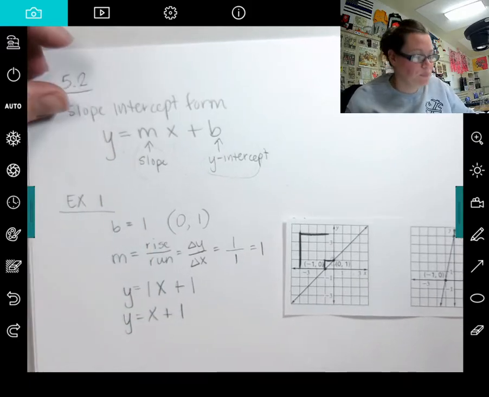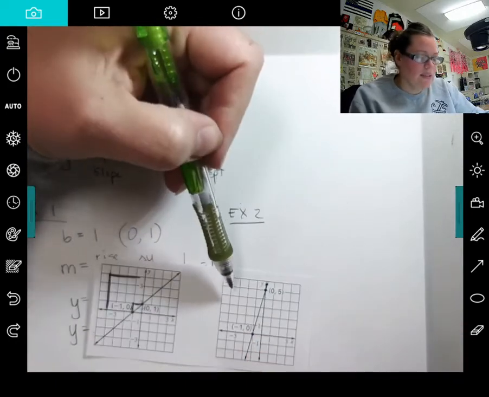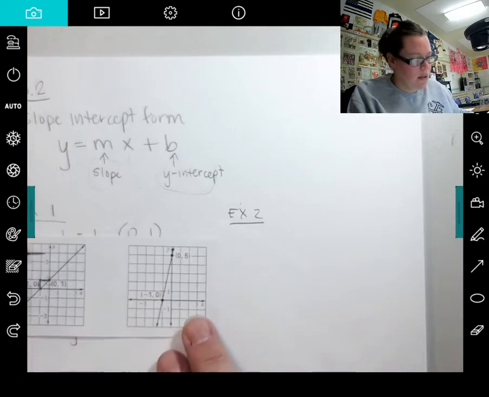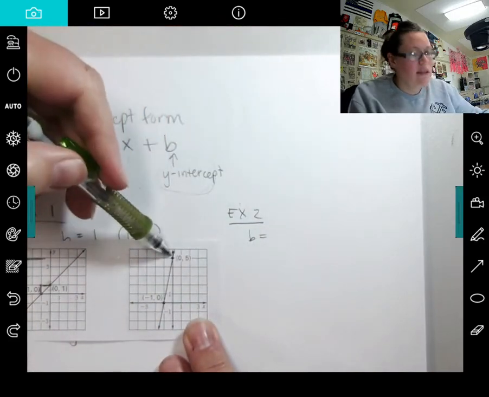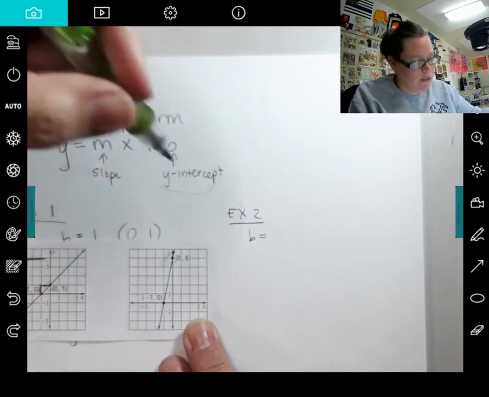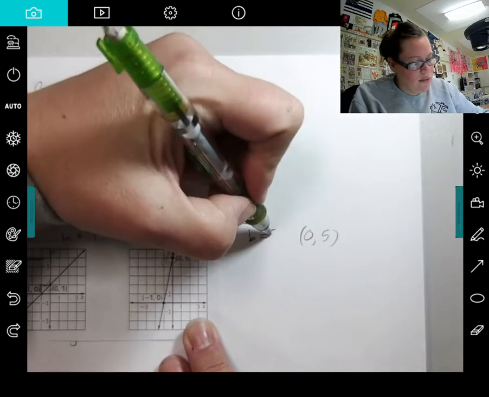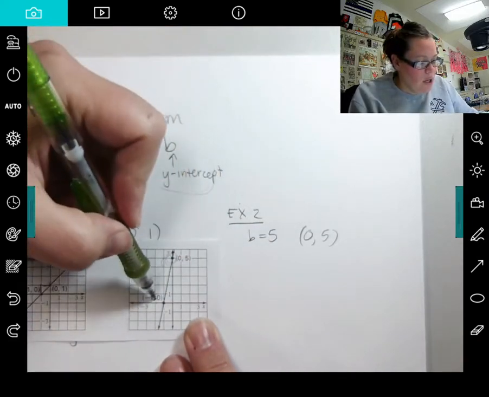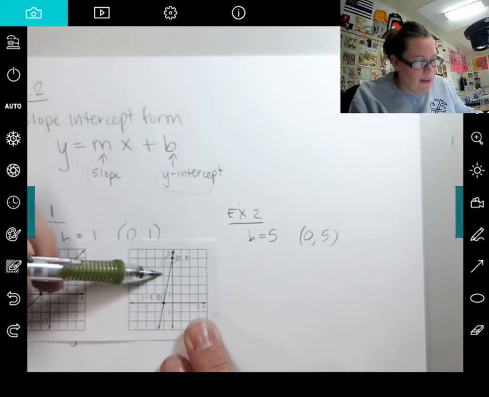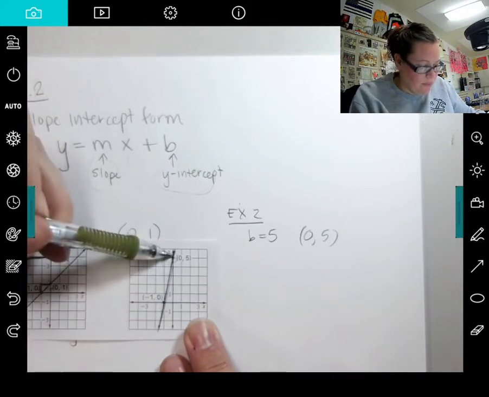It's up to you. For example 2, we are going to look at this second graph that's on here. So this time our y-intercept is up higher on our graph. It is at (0, 5), which just gives us a y-intercept of 5. Our slope is again positive, so it's a positive slope. It's going uphill.